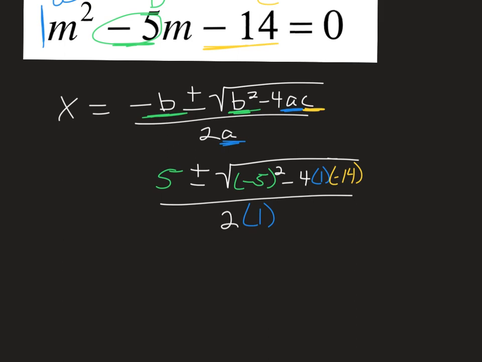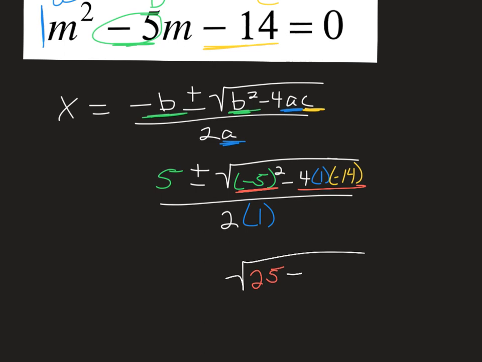So the first thing I am going to deal with is that exponent, because we know that we need to do exponents first. So negative 5 times negative 5 is going to give us a positive 25. I'm going to put that minus because that's part of the formula. And then turn my attention to 4 times 1 times negative 14.